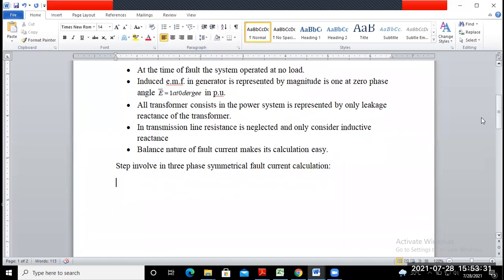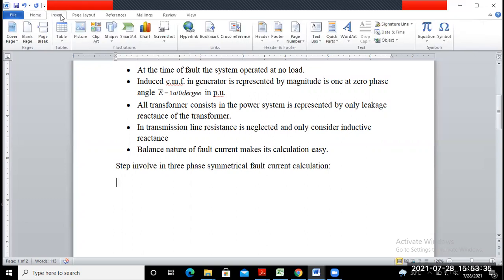So just see one by one what the steps are when we are going to find out the three-phase symmetrical fault current. Whatever power system is given to you, first of all draw the single line diagram of that system. That means whatever is given to you on the page.